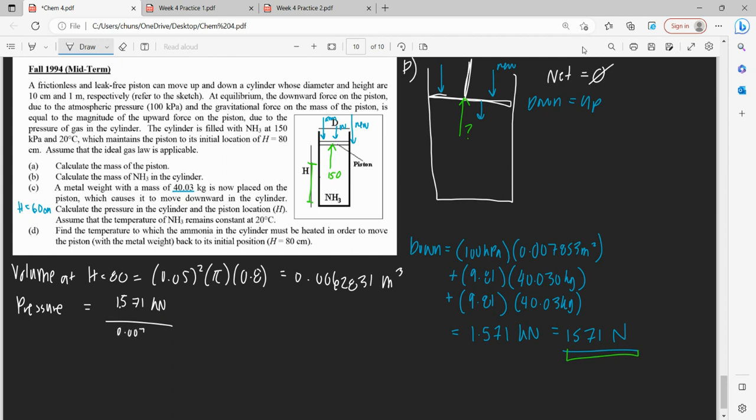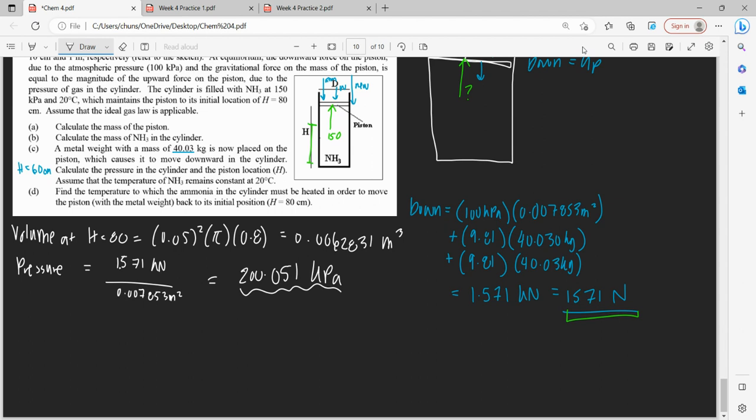That was 0.007853 meters squared, and this turns into kilopascals, which is 1.571 divided by 0.007853, and this becomes 200.051 kilopascals. That's our new value.